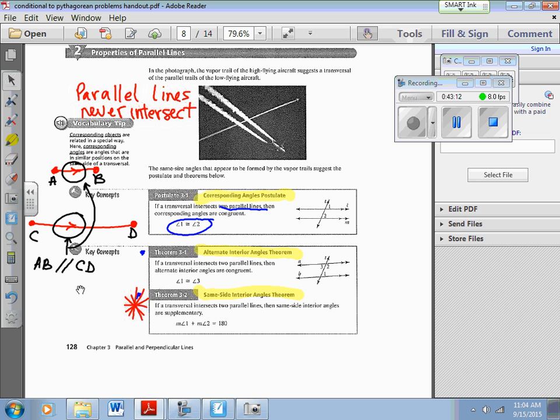If two things add up to 180, that's also referred to as supplements, or adjacent angles, or a linear pair. Does everybody understand angle 1 and angle 2 are on the same side and they're interior angles? If the lines are parallel, then those two angles add up to 180.